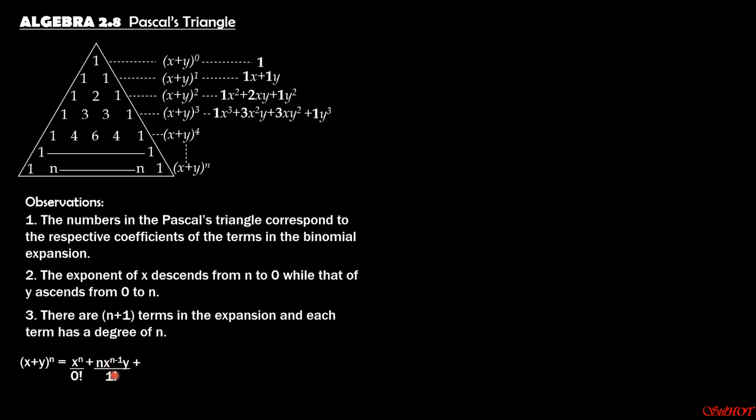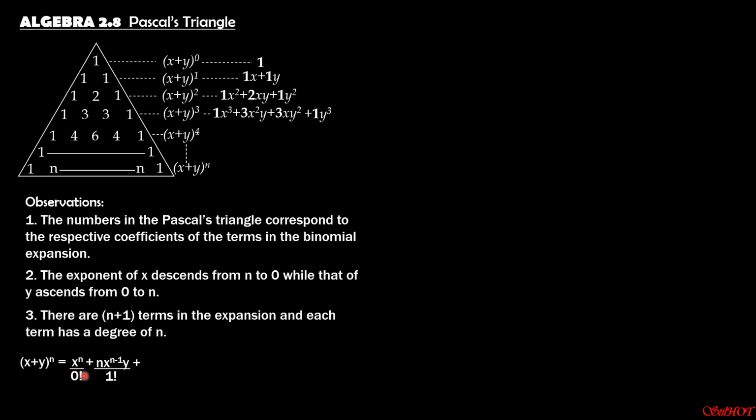If you check it with this expansion, then we have n is 3, x to the 3 minus 1, so x squared, then y divided by 1 factorial, which is still 1, right?